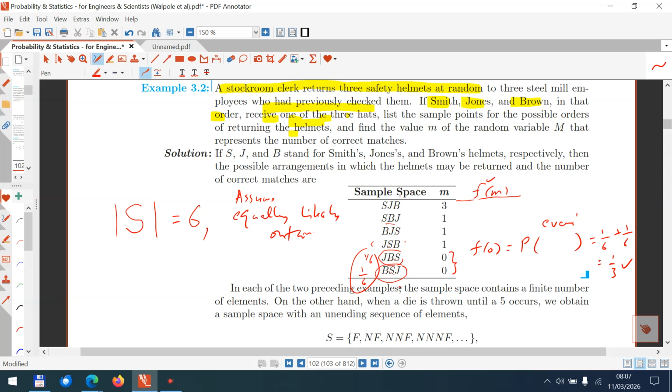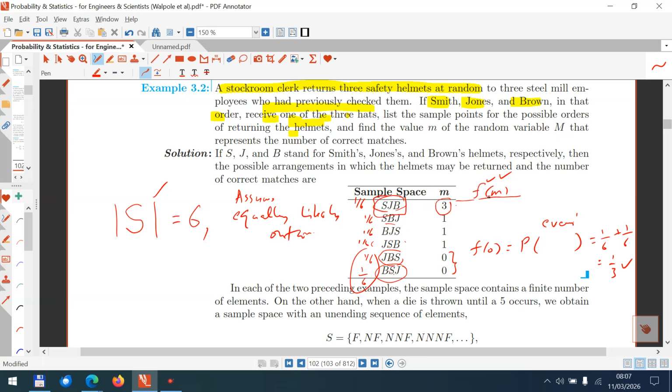So if you follow this reasoning, first we look for the sample space. What is the probability of this one? Again, 1/6. Every one is 1/6 if you look for the events. But if you look for the PMF, m equal to 3 is assigned to only one sample point.